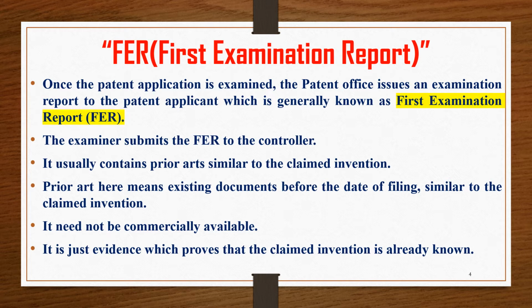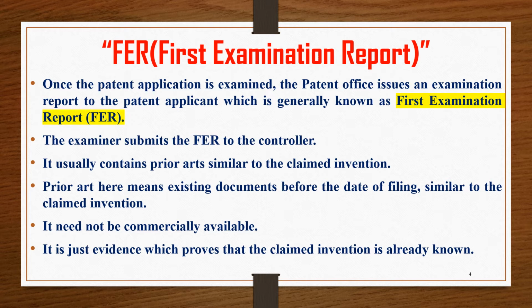Fine. The examiner submits the FER to the controller. Okay. So this examination is done by the examiner, and then the examiner just submits the FER to the controller. Fine. Next, FER usually contains prior arts similar to the claimed invention. The next point is, prior art here means existing documents before the date of filing similar to the claimed invention.